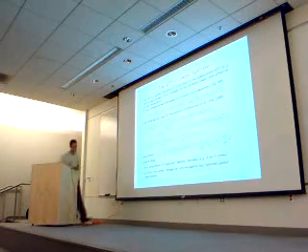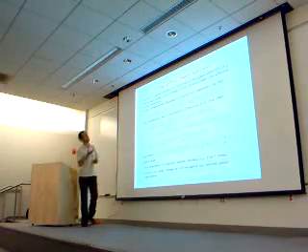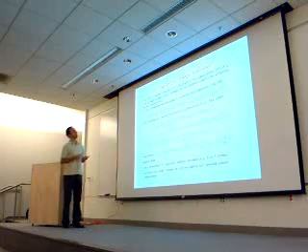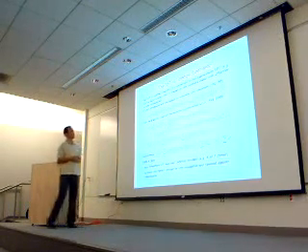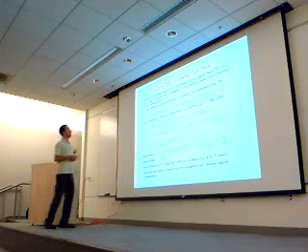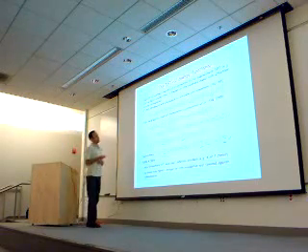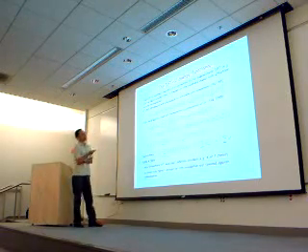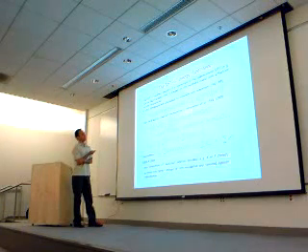Okay. And DFT plus U is a simple way to do this. Okay, so one of the simplest actually, and it consists of a correction to the energy functional that is modeled on the Hubbard Hamiltonian.